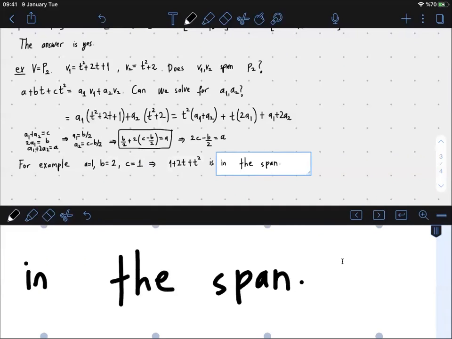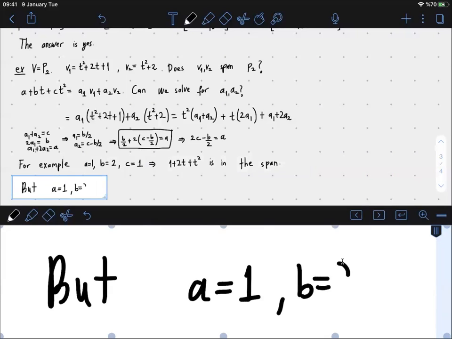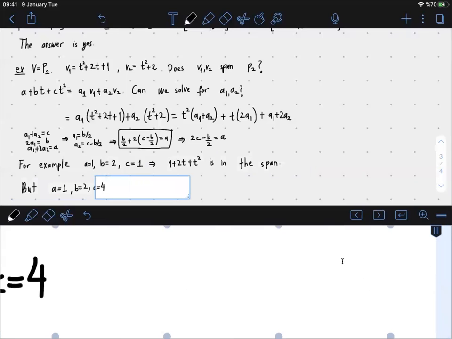But let's take a to be 1 again, b to be 2, and c to be 4. Then 1 plus 2t plus 4t squared is not in the span.